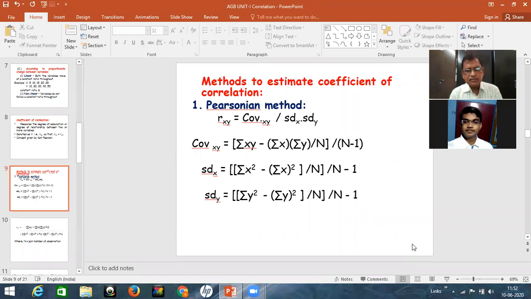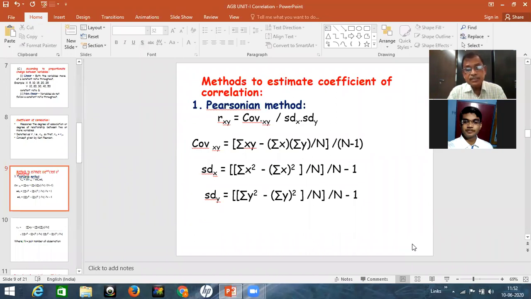So summation of x square means x into x, summed. Summation x whole square means summation x into summation x. Here, with two variables x and y, covariance of xy is summation xy minus summation x into summation y. That means you first multiply the corresponding values of x and y and sum up to get summation xy.